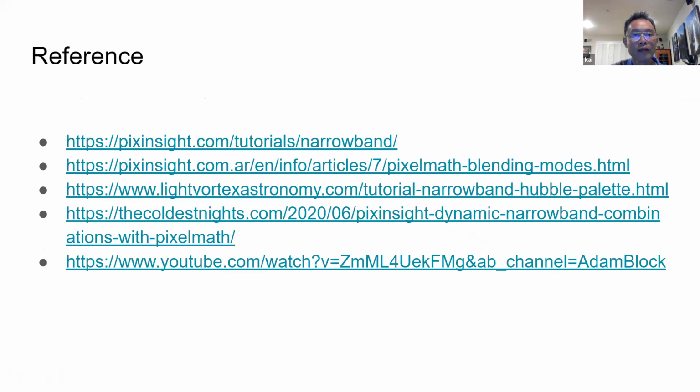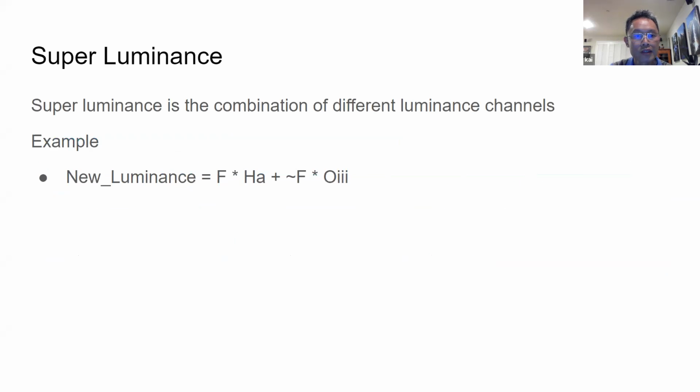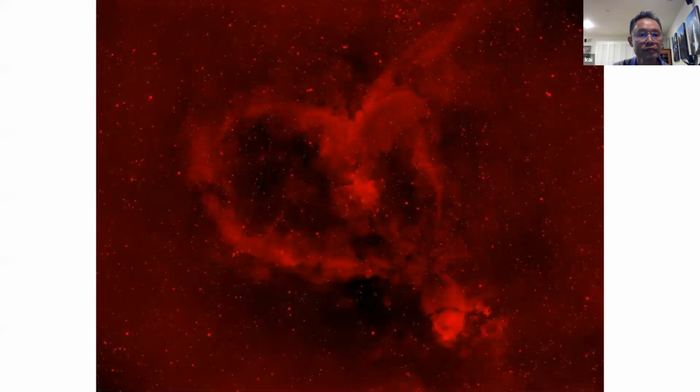I'll just skip that. At the end, these are some references to follow up and understand from. For those interested, I can also publish this notebook. But let's go back to the beginning.